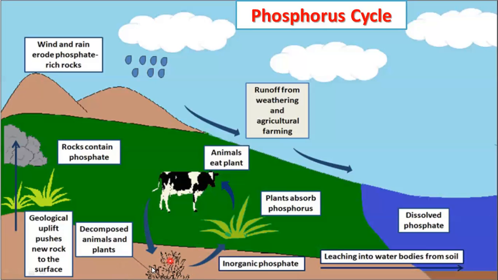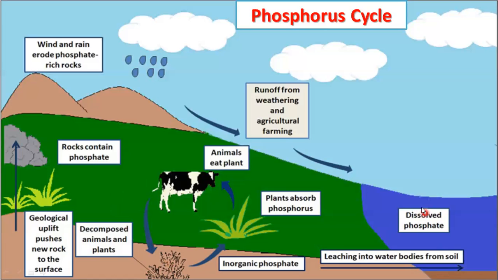Also, fossil fuels also consist of phosphorus, and that we use for the burning processes. So, in this way, on the Earth's surface, the phosphorus is transferring from the soil to the animal, and after the decomposition, again it goes to the soil.